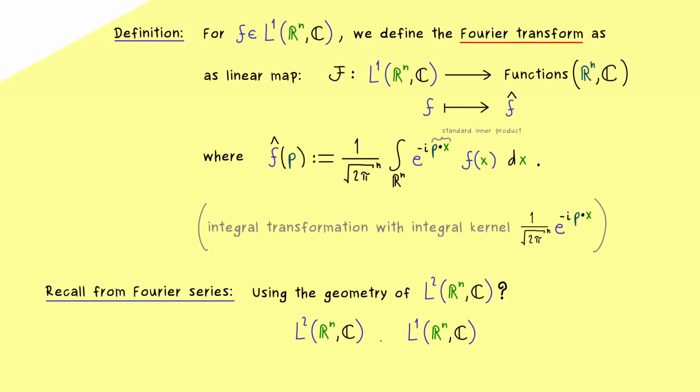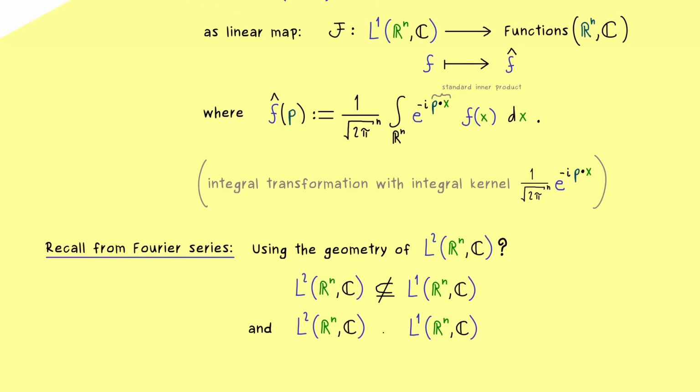However, in the continuous case here, this is all not so simple because L2 is not just embedded in L1. So in contrast to the Fourier series, this is just not a special case of the L1 case. And moreover, it also does not work the other way around, so we really have two different cases here. So please keep that in mind.